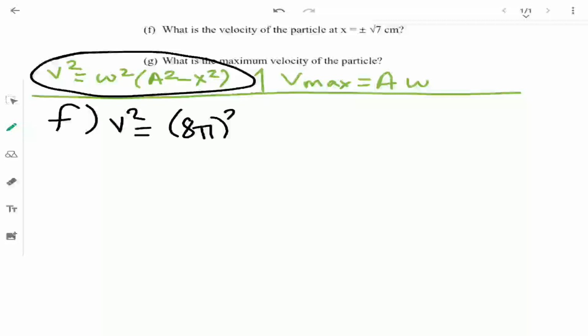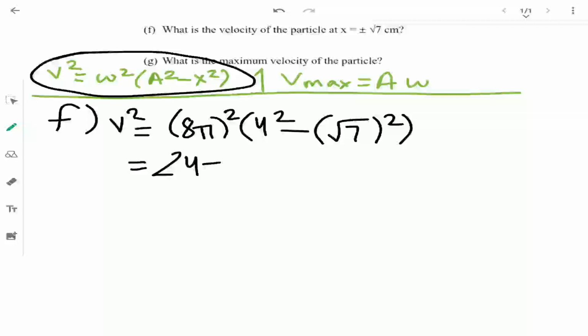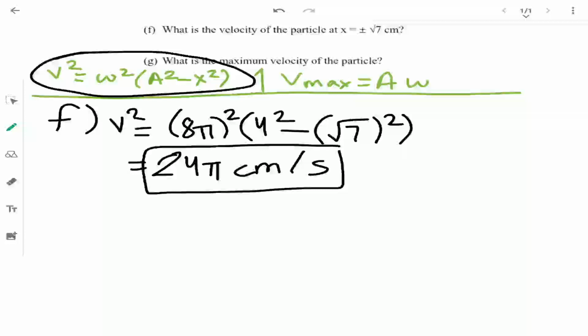Now the a was the term that is before the sine, so a is 4. 4 squared minus root 7 all of it squared. After simplifying, we get 24 pi centimeters per second. The simplification I'm leaving to you guys. You should get 24 pi centimeters per second.